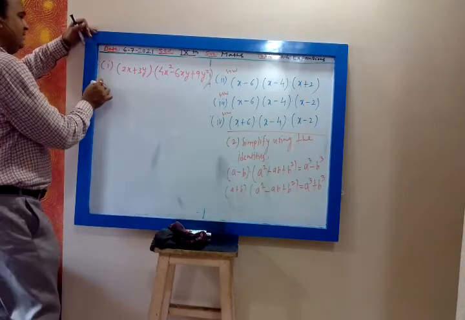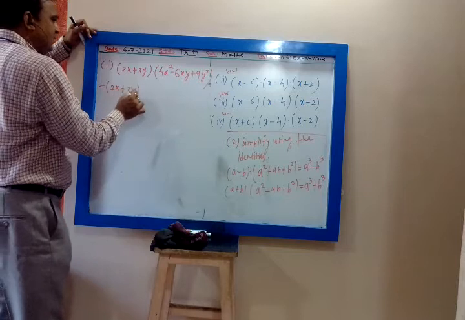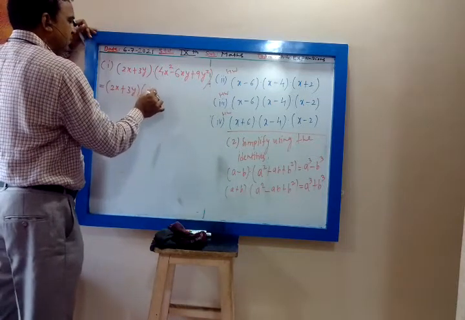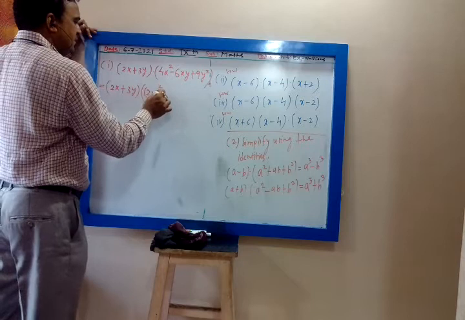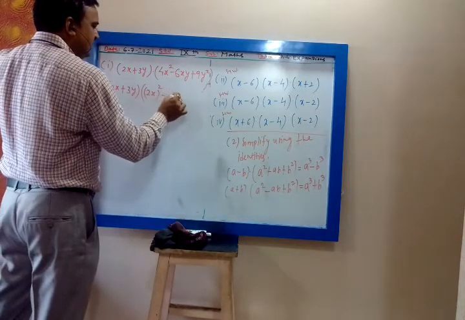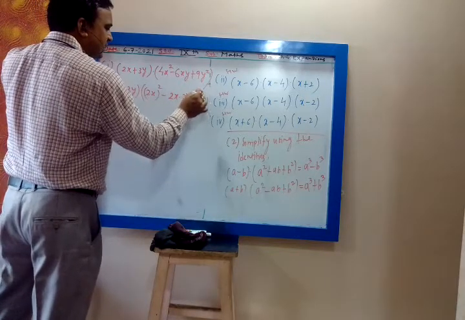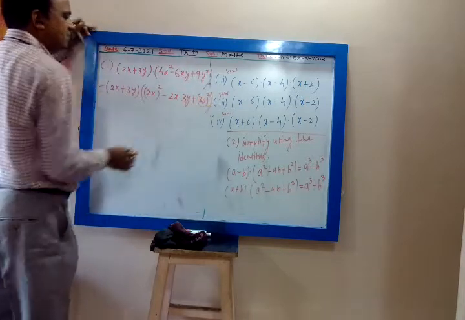Let us rewrite this. I can write 2x plus 3y into 4x square, which I can write as 2x whole square. 6xy I can write as 2x into 3y, and 9y square I can write as 3y whole square.